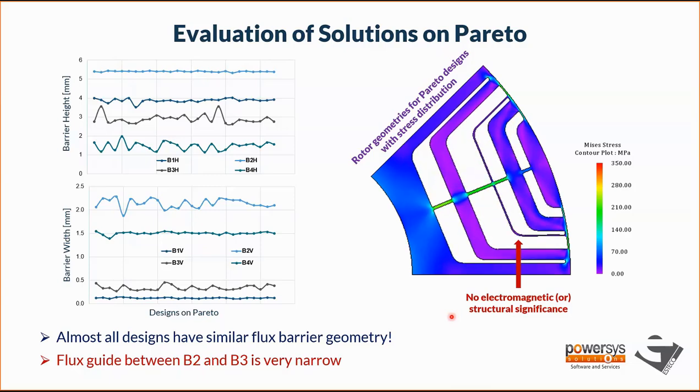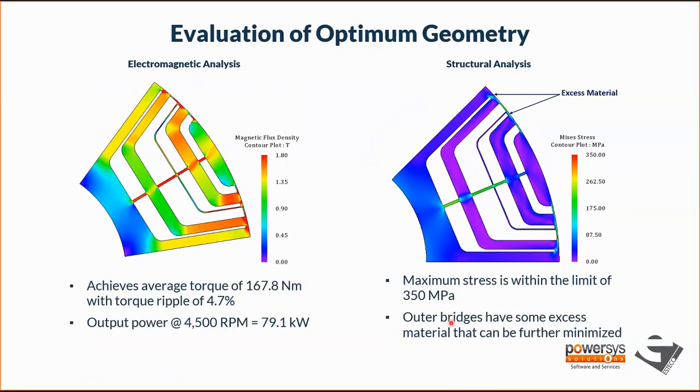So we picked one of the designs from the Pareto curve, which satisfies a torque ripple of less than 5% and achieves maximum torque possible. This design gives an average torque of 167.8 newton meters, which corresponds to 79.1 kilowatts at rated operation. And it has a torque ripple of 4.7%. Looking at the structural side, we see it's still within the structural limit of 350 megapascal.